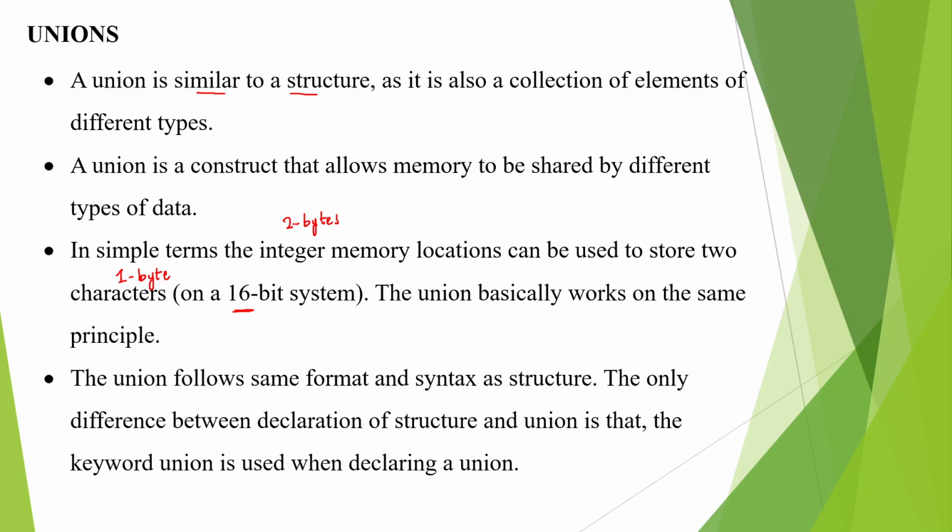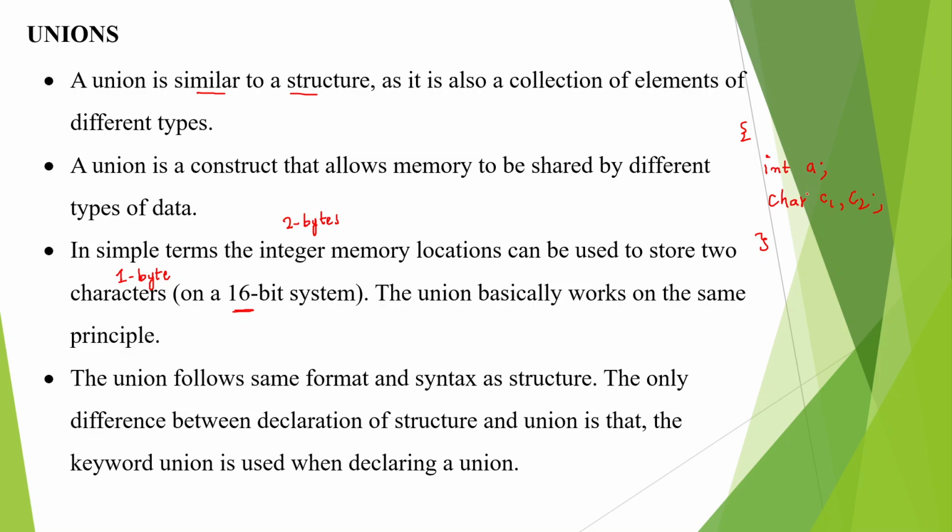So if I have a union declaration, assume that how we declare it, we will discuss soon. Inside a union, suppose I have an integer variable int a, and two variables of type character, c1 and c2.